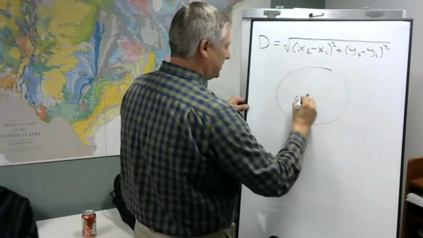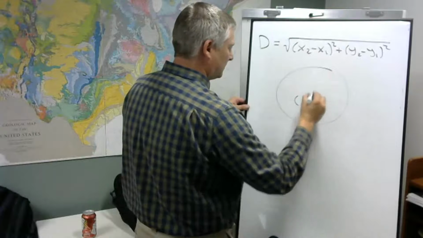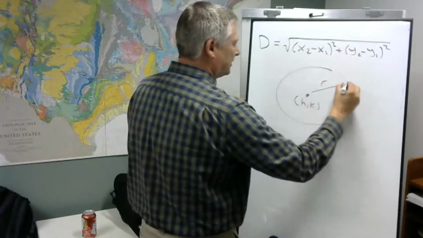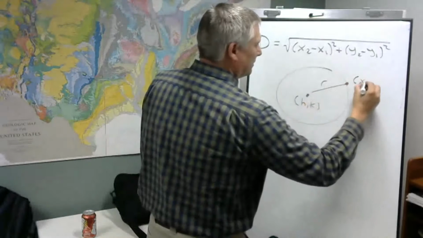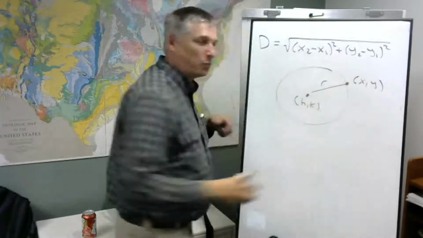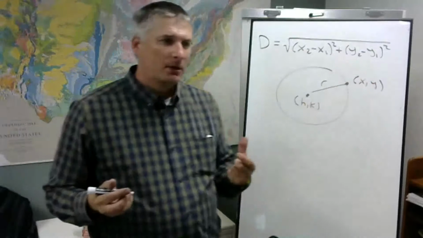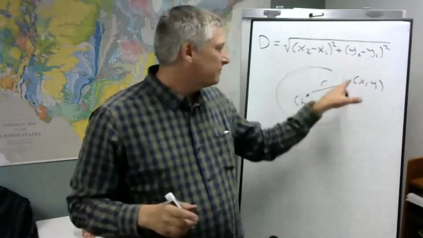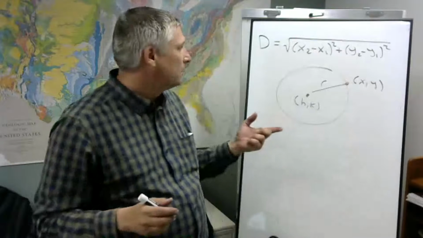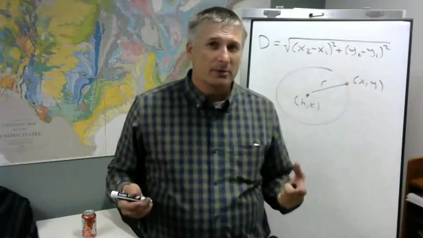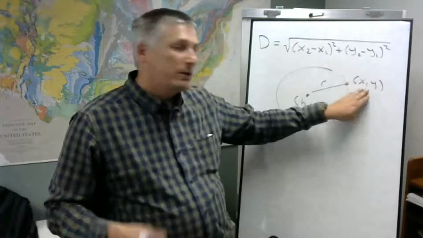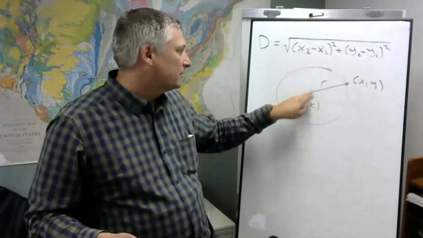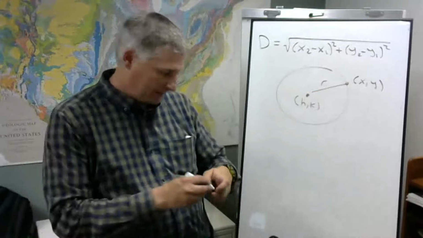Let's give it a center HK, radius r, and let's say we picked any point, some random point, xy. We're not sure which xy we've picked. We only know this. Whatever point we've picked, it satisfies the requirements of being a point on the circle. That means the distance between this point and the center has to be r.